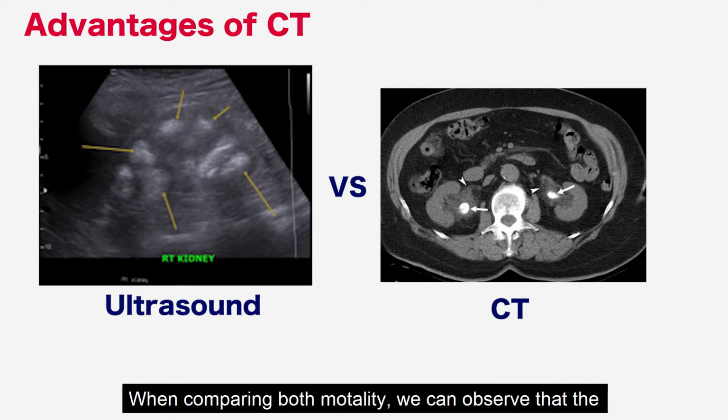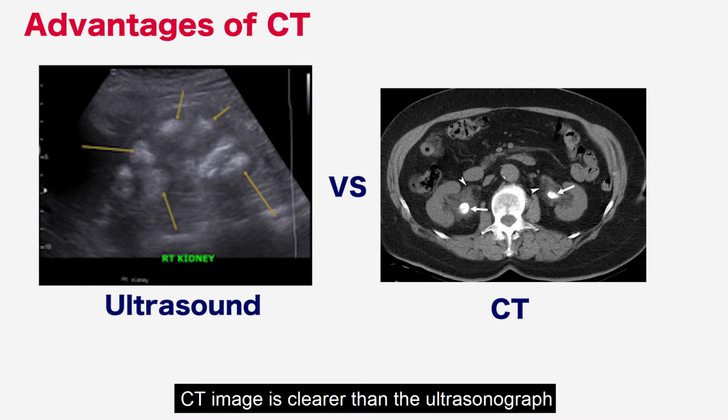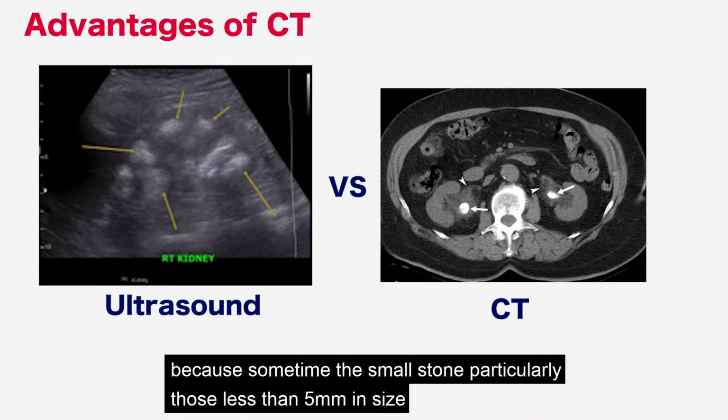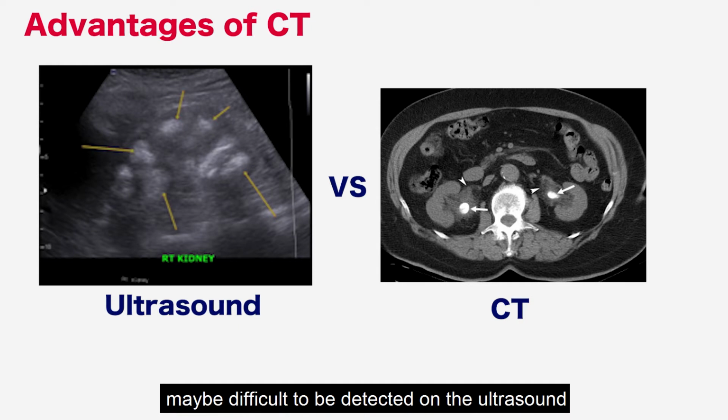When comparing both modalities, we can observe that the CT image is clearer than the ultrasonograph, because sometimes small stones, particularly those less than 5 mm in size, may be difficult to detect on ultrasound.